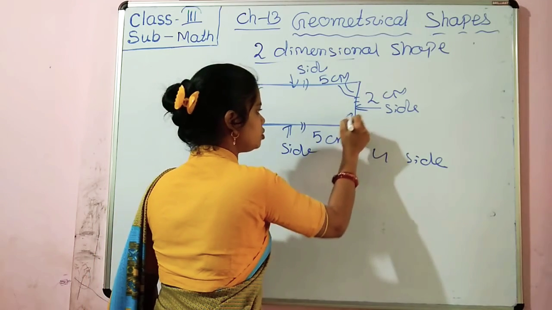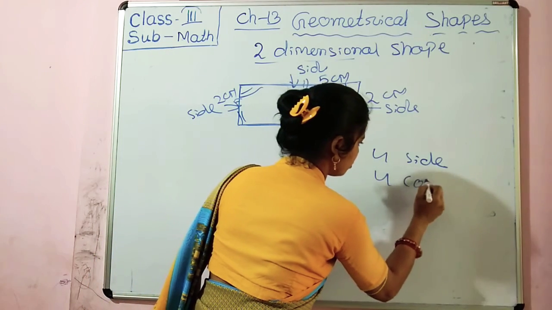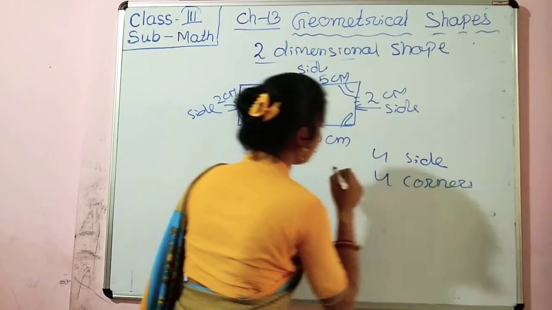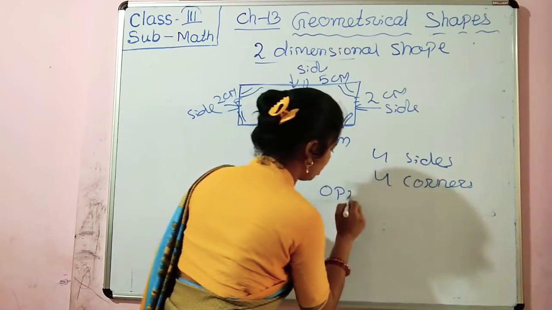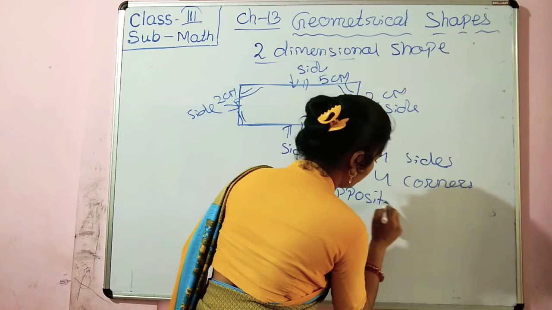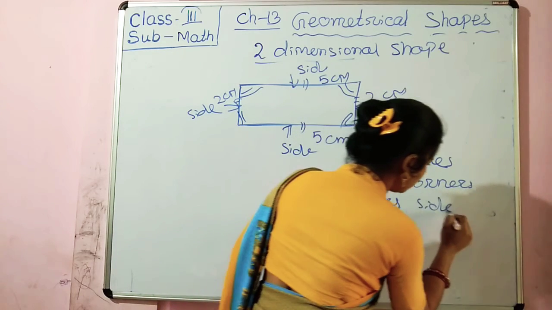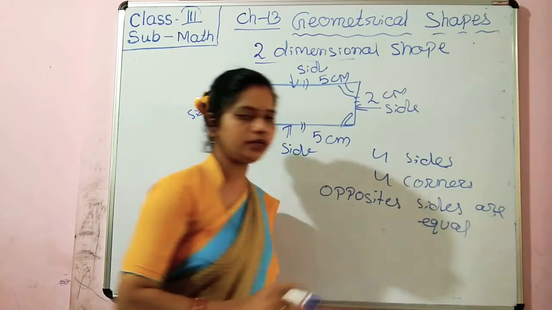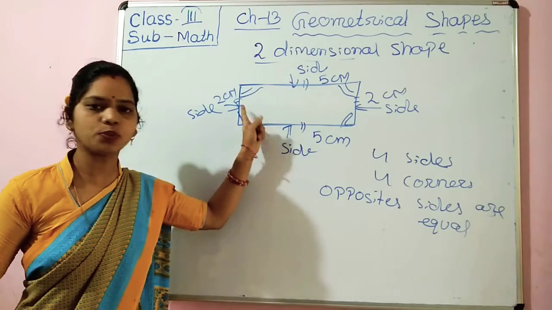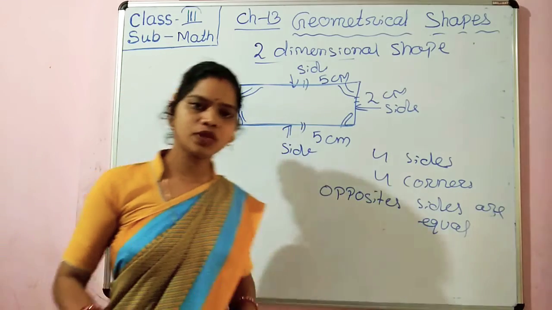Like the square, it has also 4 corners. The rectangle has 4 sides, 4 corners, and opposite sides are equal.